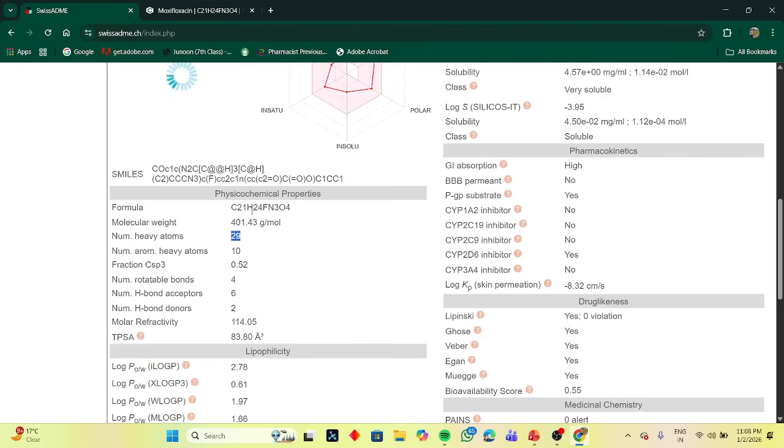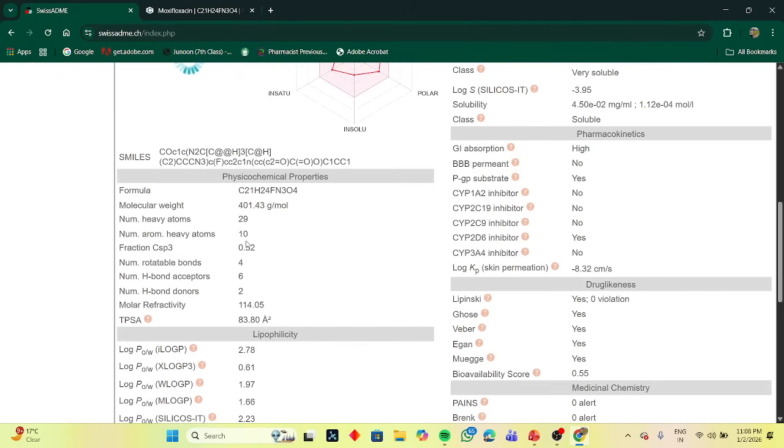So the number of heavy atoms here is 29. Apart from hydrogen, all the atoms present are called heavy atoms.